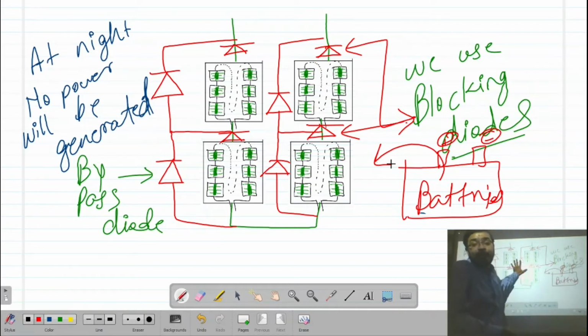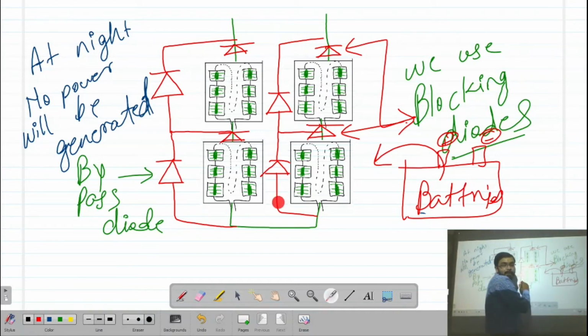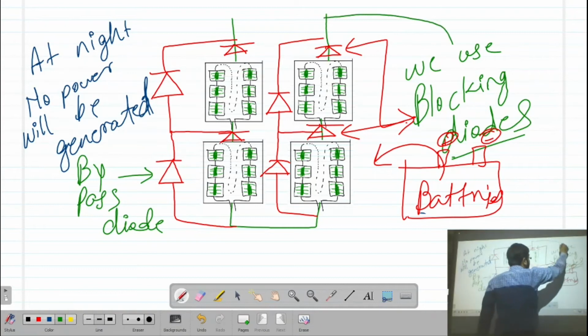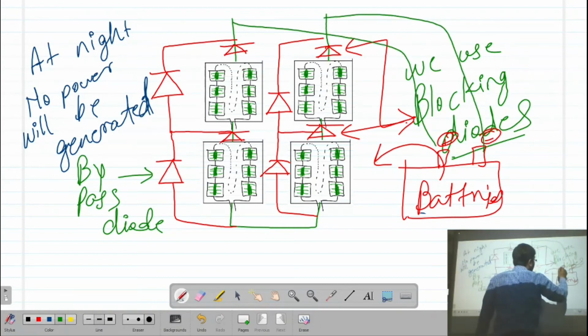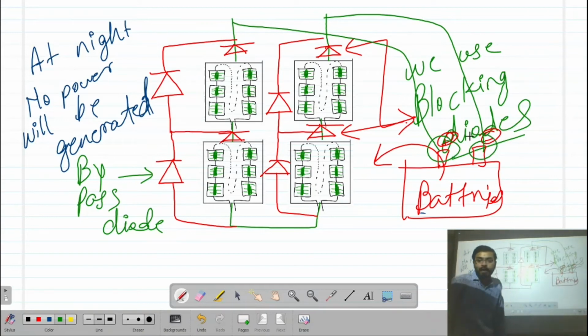So during the daytime the power will be generated and it will be stored in the battery. But during night time no power will be generated from modules, from solar cells. And if it is connected directly to these terminals, then this power will be consumed again by the PN junctions, because a PN junction is nothing but a circuit, and a circuit can act as a load to the battery, right?